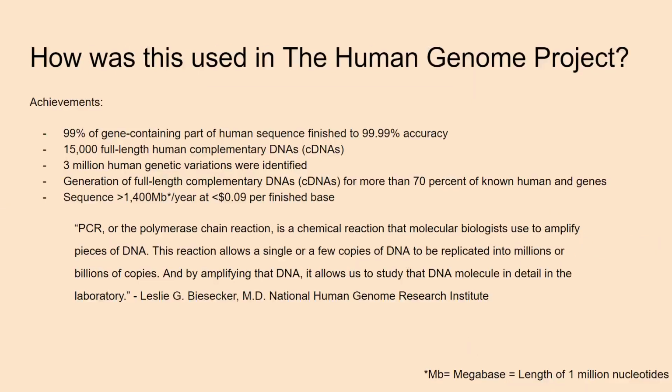And another use of PCR was in the Human Genome Project, which was a project from 1990 to 2003. And according to the National Human Genome Research website, the Human Genome Project was, and I quote, the international collaborative research program whose goal was to complete mapping and understanding of all the genes of human beings.